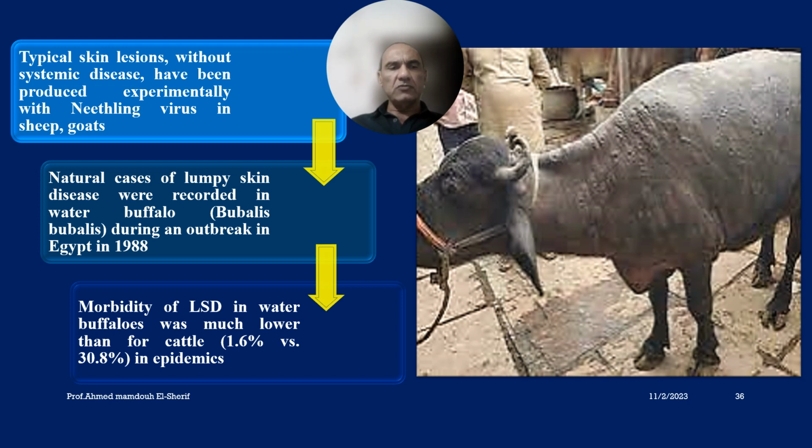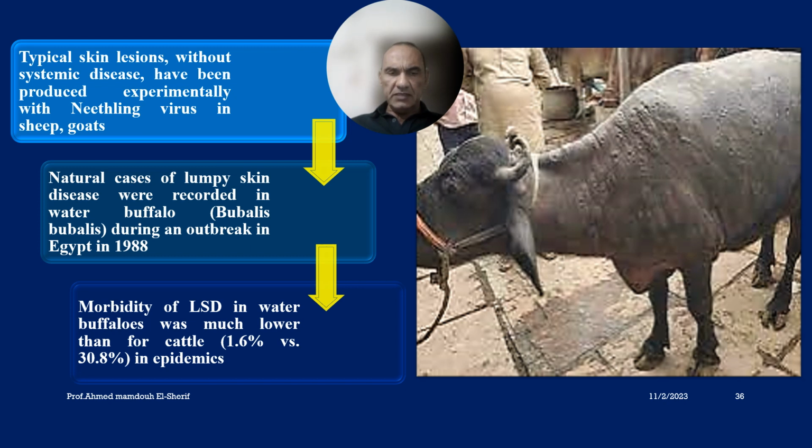Typical skin lesions without systemic disease have been recorded experimentally with the virus in sheep and goats, and natural cases of lumpy skin disease were recorded in water buffalo, Bubalus bubalis, during an outbreak in Egypt in 1988, as appears in this picture.